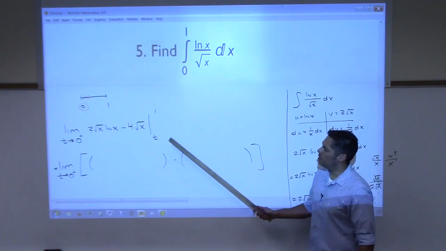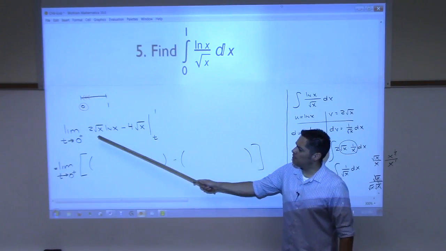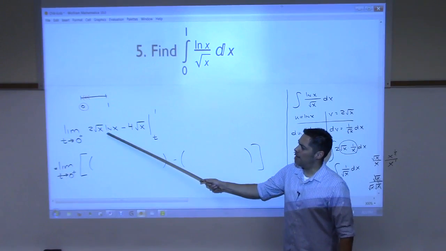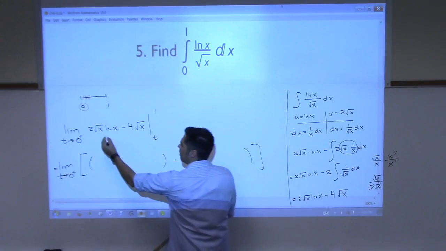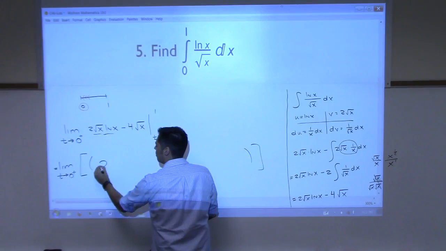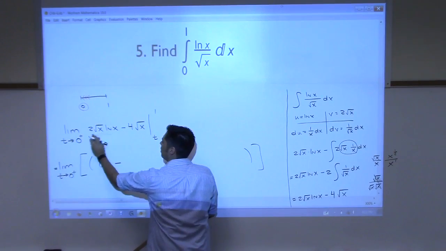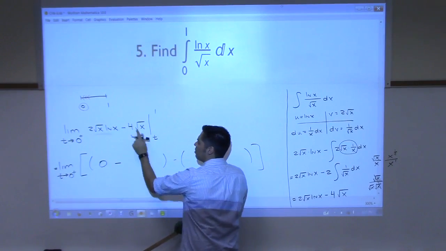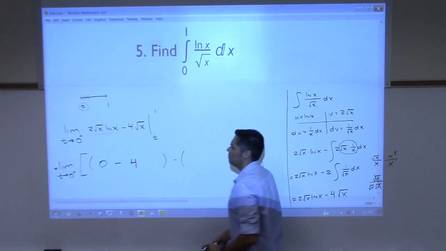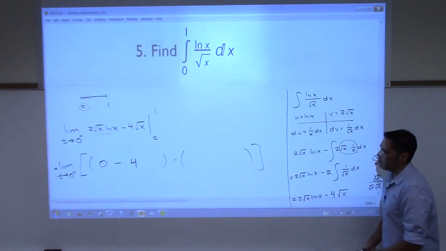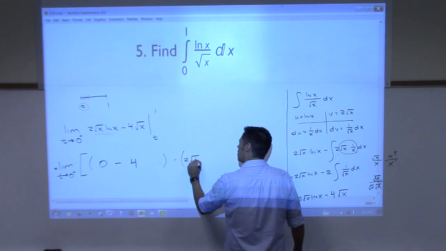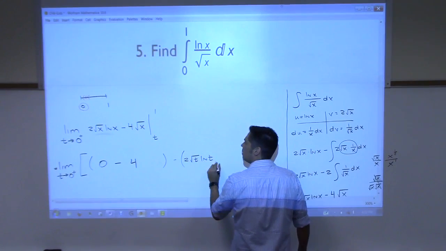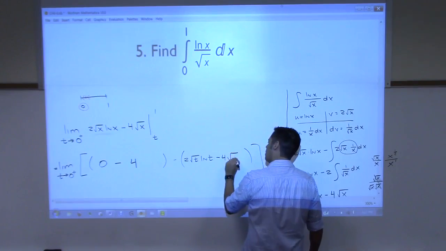I think 1's going to be pretty clean. 1 goes in here. 1, natural log of 1, 0. So that's going to be a 0 right here. 0 minus, then 1 here, so minus 4. So that's what you get when you plug in 1. And then when we plug in t, we get 2 root t natural log t minus 4 root t.